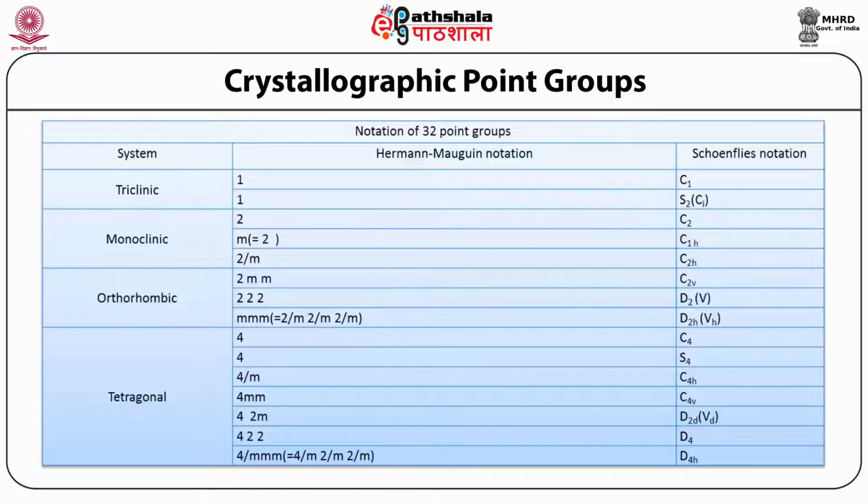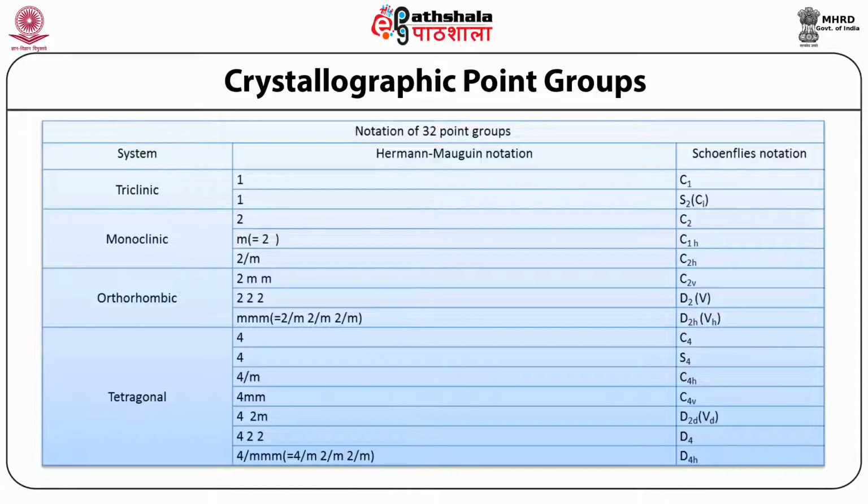Under Schoenflies notation, it is capital C subscript 2v, capital D subscript 2 within brackets capital V, capital D with a subscript 2h within brackets V subscript h.